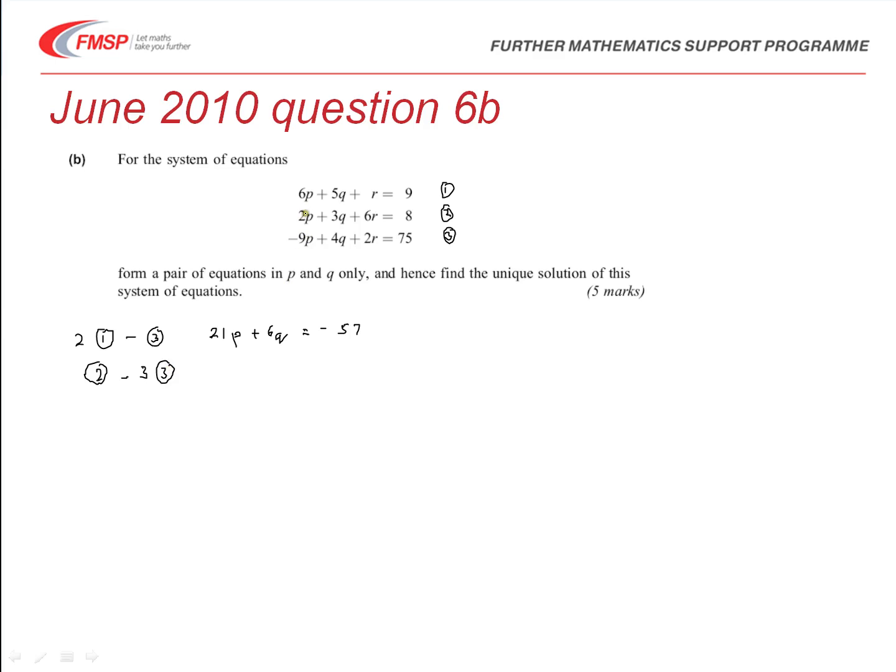So we've got 2 take away -27, so that will give us 29p. Then the Q's will have 3 take away 12 lots of Q, so that's -9q. And that will equal 16 take away the 75.